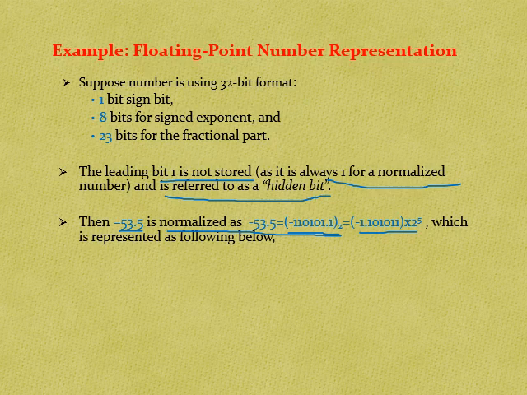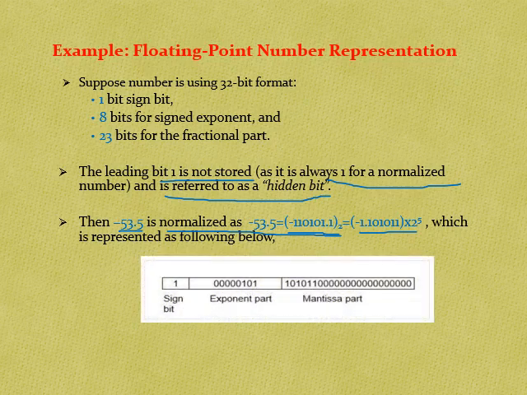This is how we will represent it. If we represent this number with the help of the IEEE representation, then the mantissa is stored here, the exponent is stored here, and this is the sign bit.